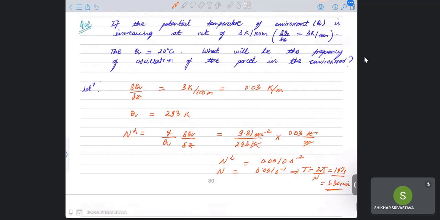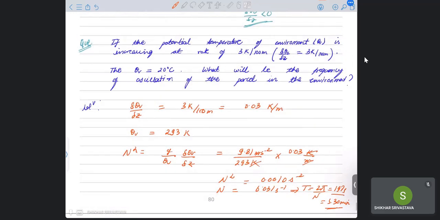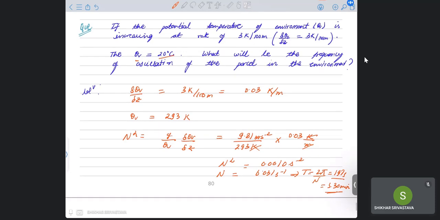So if you have the potential temperature of the environment increasing at this rate, and the potential temperature of the environment at any level is given as 20 degrees centigrade, then this will be the frequency of the oscillation of the air parcel.